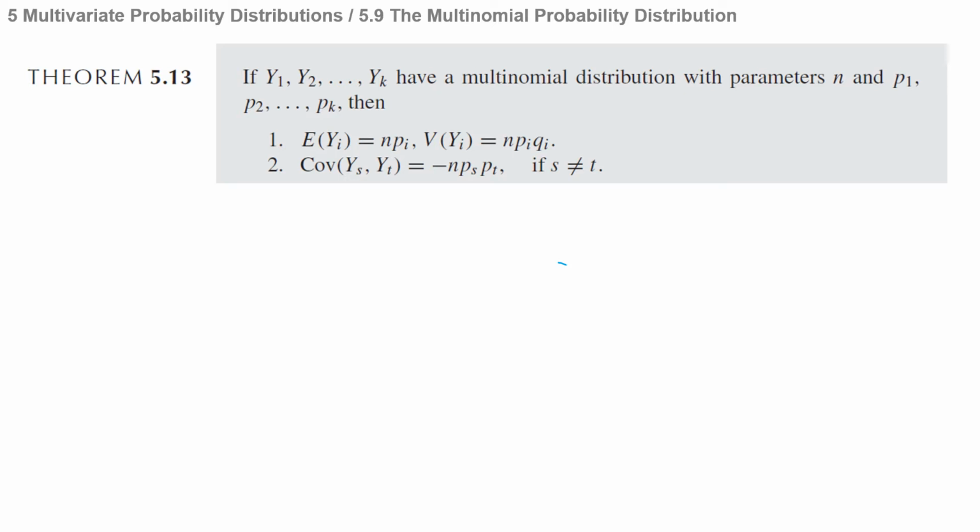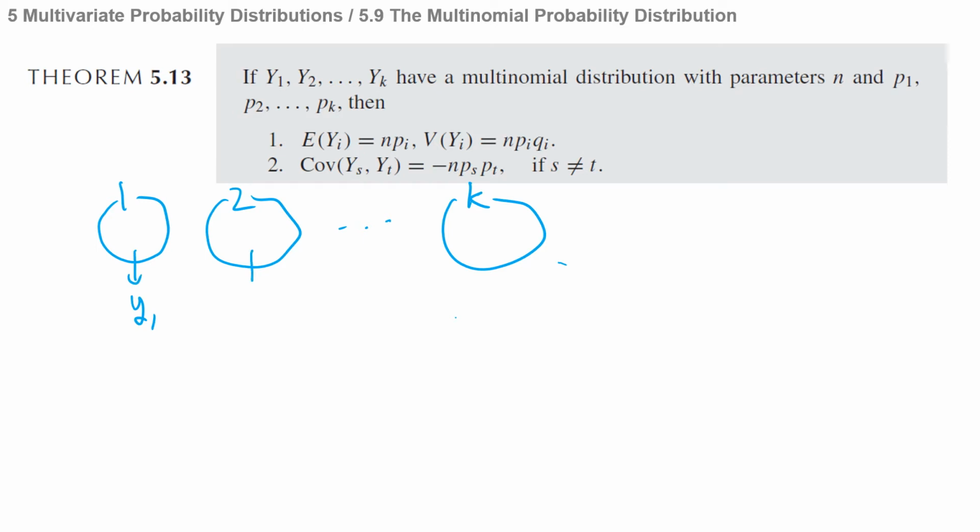Okay, so in the multinomial distribution, the situation is like this. There's cell 1, cell 2, and cell k. And we are picking Y1 items from the first cell, Y2 from the second cell, Yk from the kth cell, and altogether we are picking n items.